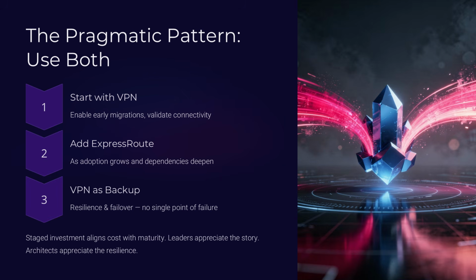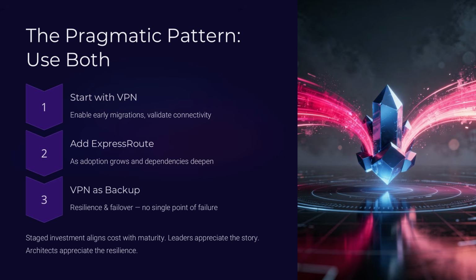With both decision frameworks clear, you now introduce the pragmatic pattern that many enterprises adopt, using both options together. You may use ExpressRoute as the primary connectivity path for critical workloads and site-to-site virtual private network as a backup path for resilience and failover scenarios. You may also start with site-to-site virtual private network to enable early migrations.